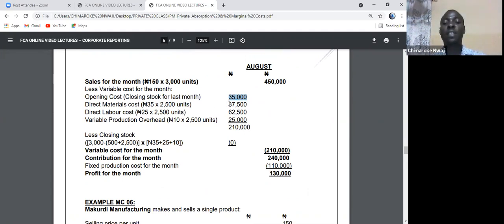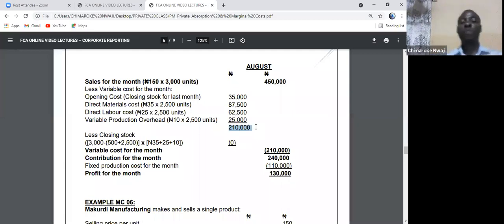We got 87,500. Then our direct labor is 25 naira multiplied by 2,500 units, and that's the figure here, 62,500. Variable production overhead is still 10 naira multiplied by 2,500 units, which gives you 25,000. So when you add everything here, it gives you 210,000.